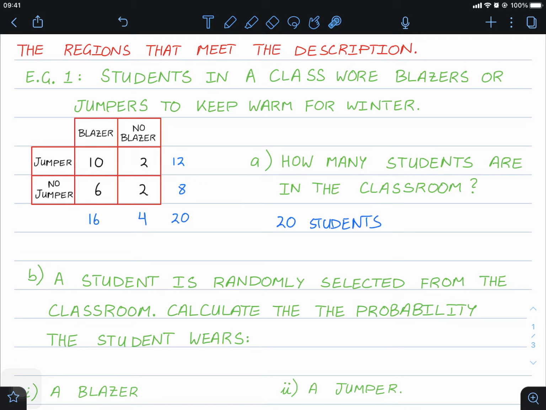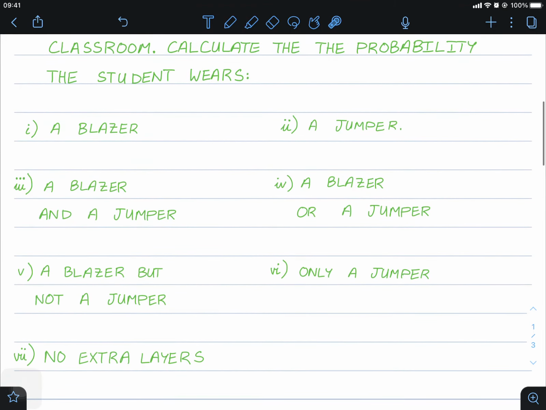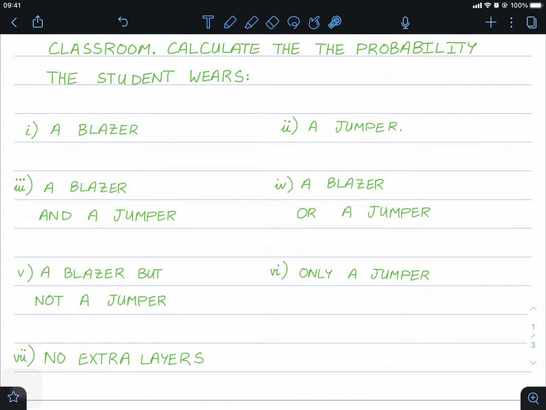Now from here, a student is randomly selected from the classroom. Calculate the probability the student wears one of the following options: a blazer, a jumper, a blazer and a jumper, and so on. From here, it's just a matter of carefully picking the box that meets the description in the question.